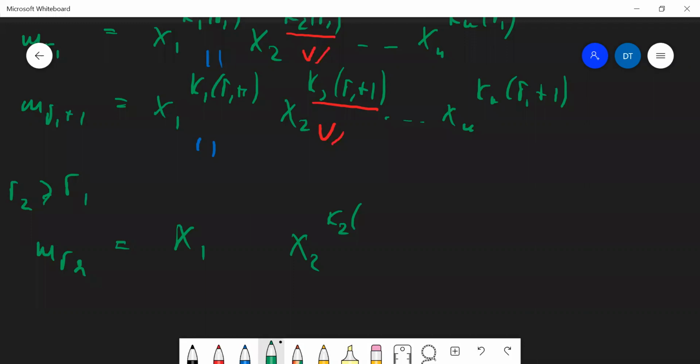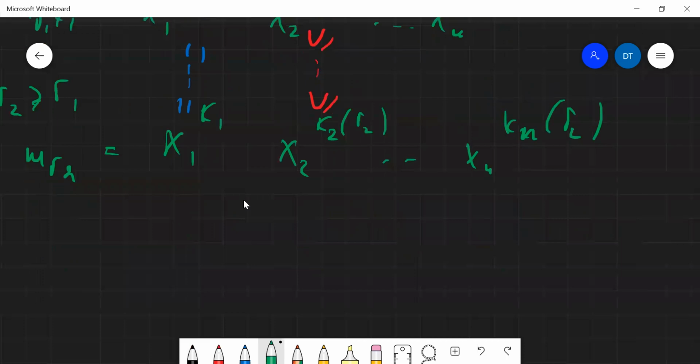So let me denote the common degree here by k1. And here we have some decreasing chain, but after this number, the degrees do not change.